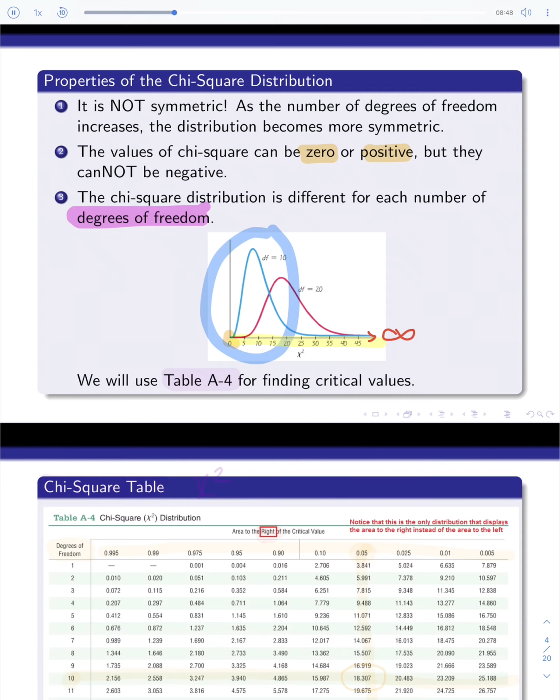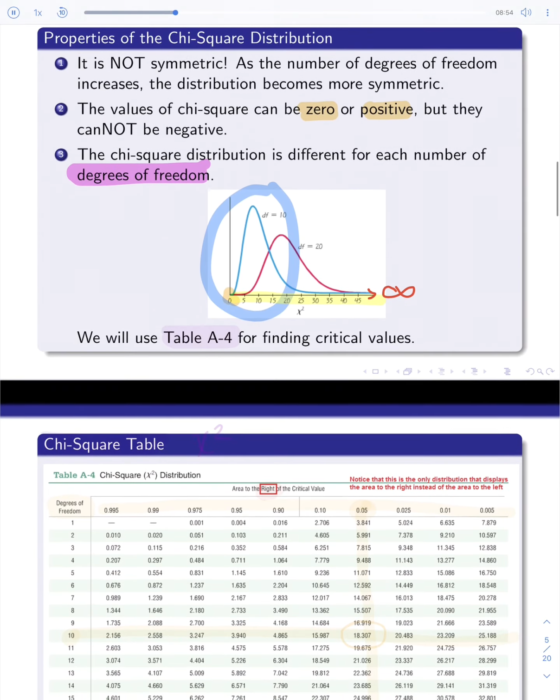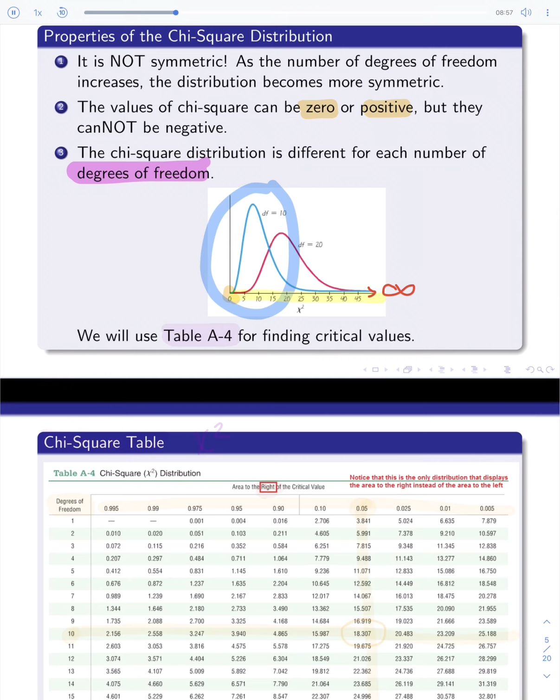When you did your t's, finding your critical values, you did your inverse t, or you used your t distribution table. This time, we are absolutely stuck. We have to use your table. Why there is no inverse chi-squared button on your calculator, I'm sorry, they did not take the time for that.